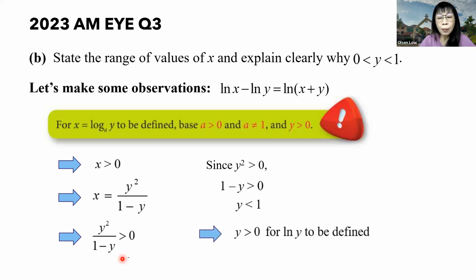So when I put these two together, combining y greater than 0 and y less than 1, we conclude that the range of values of y has to be between 0 and 1. With this, we conclude and explain why the value of y is within this given range. Hopefully this gives you a better understanding.